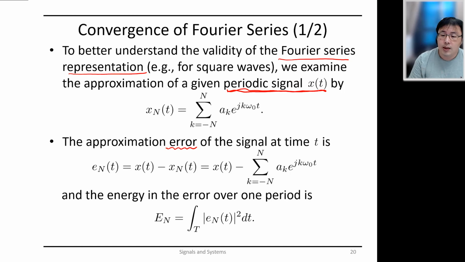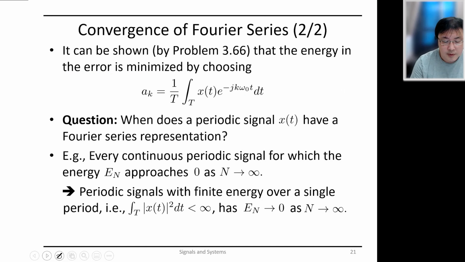One way to do this is by examining whether the energy of the error goes to 0 as capital N goes to infinity. Now, we are not going to go through the mathematical sophistication of proving these results, but we're just going to state the results here.